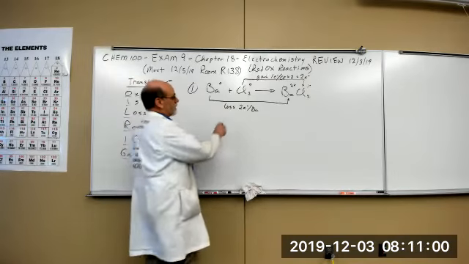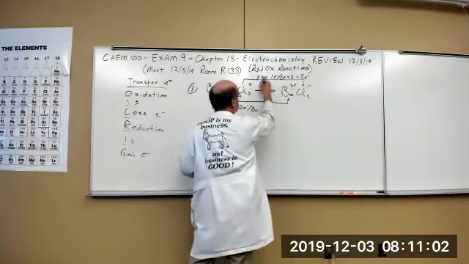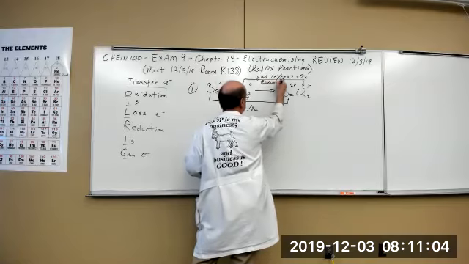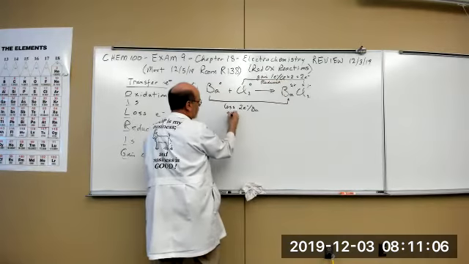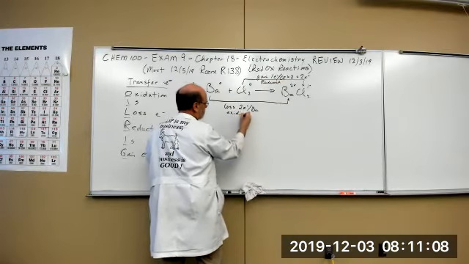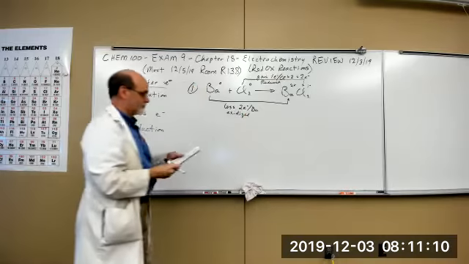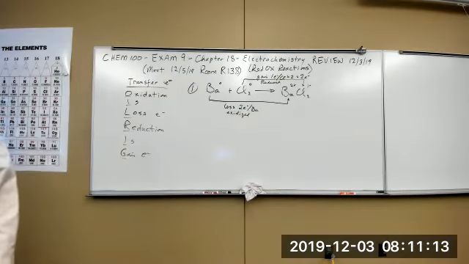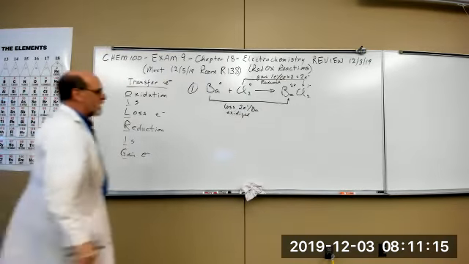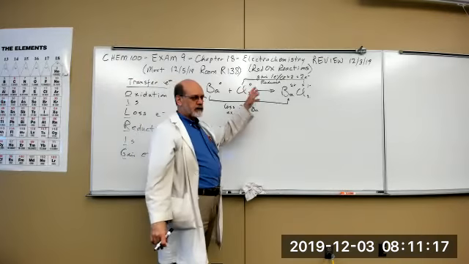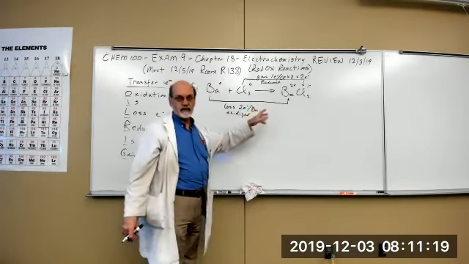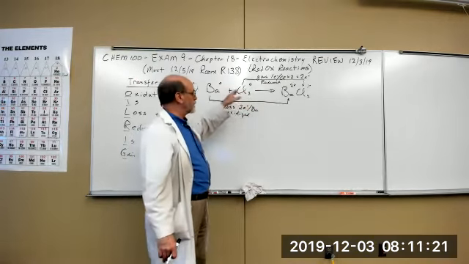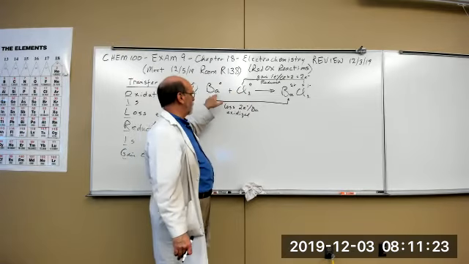So that means chlorine is reduced and barium is oxidized. Okay? They always occur in pairs. So if you have something being reduced, you need a reducing agent, something that's responsible for reducing chlorine, and that's barium.